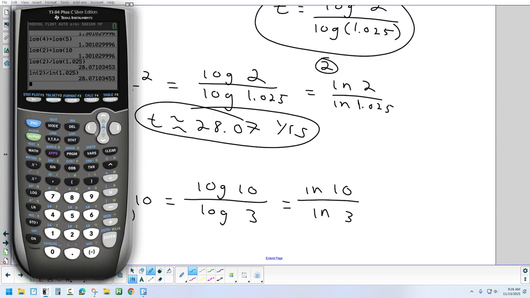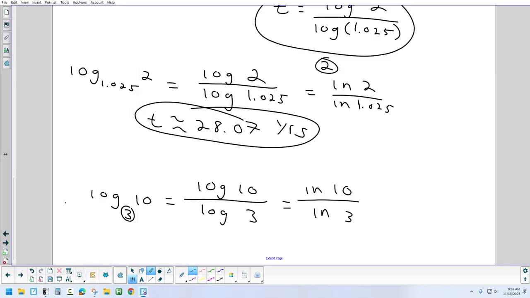But with the change of base formula, you don't need anything fancy. If you have a calculator that doesn't allow you to change this base number, it doesn't matter. Every scientific calculator is going to have a log button. So you'll be able to always do it with just a basic scientific calculator.